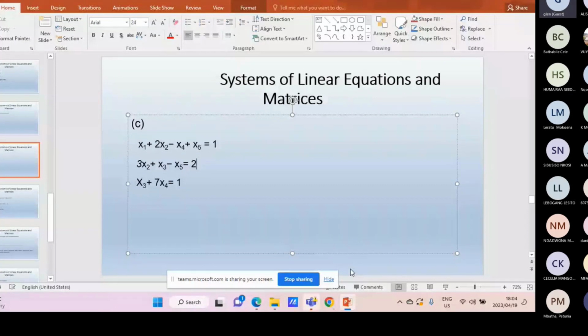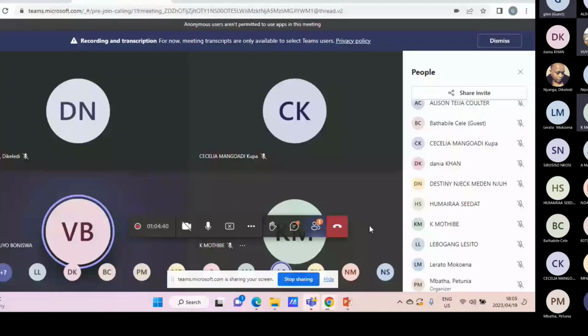Now we go to the second row. From the second row, we have x2. Let's see.